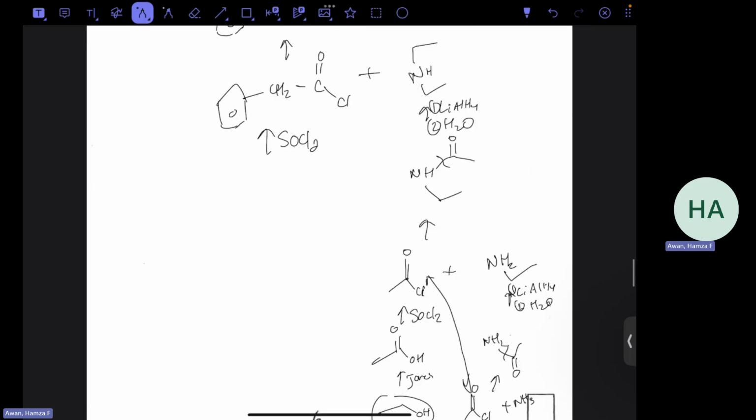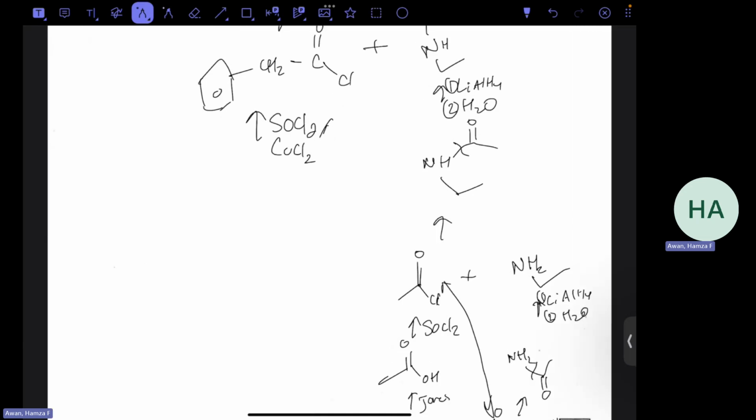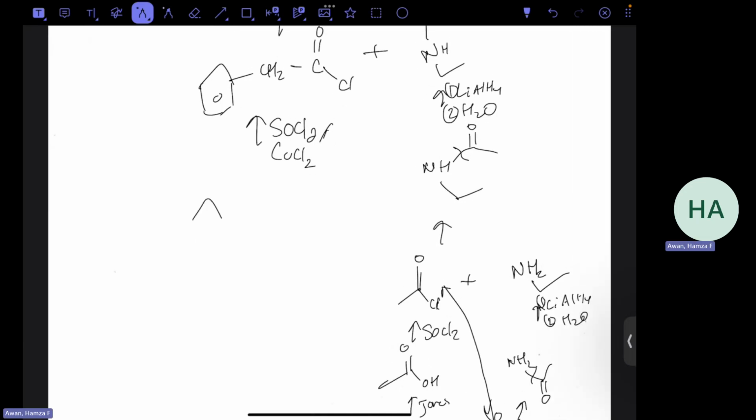I think you can also use CuCl2, right? I think they both do the same thing, so either or. What happens here is it just creates the acid halide from a carboxylic acid.